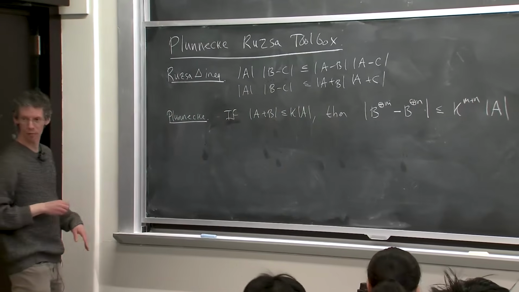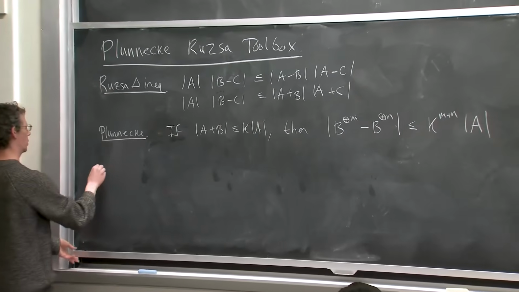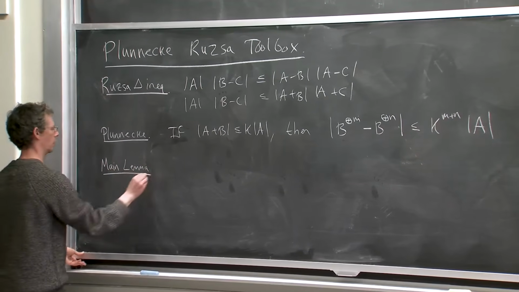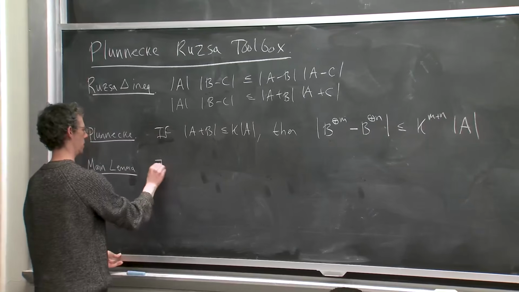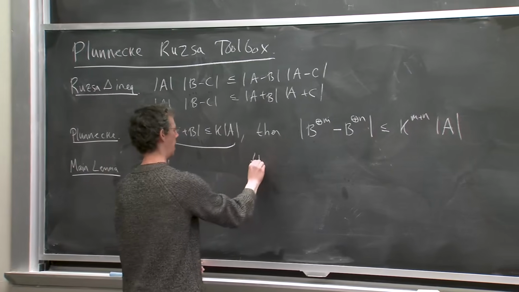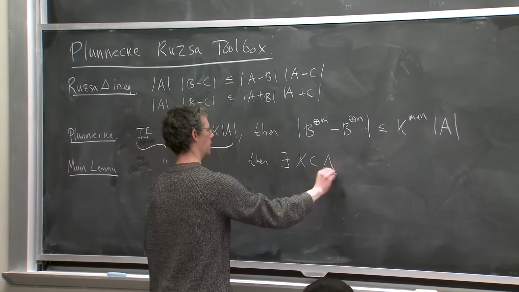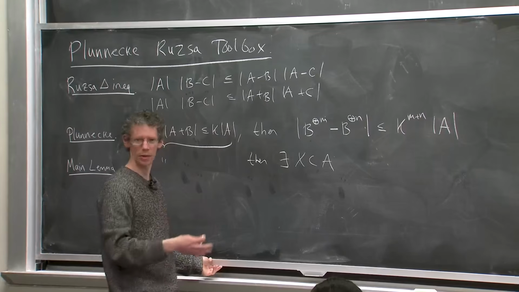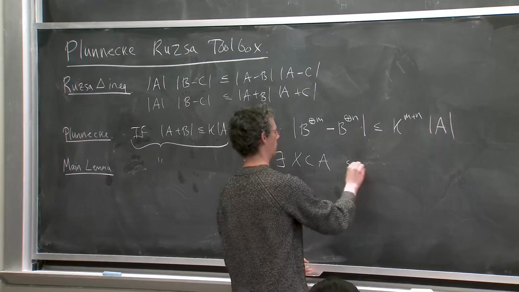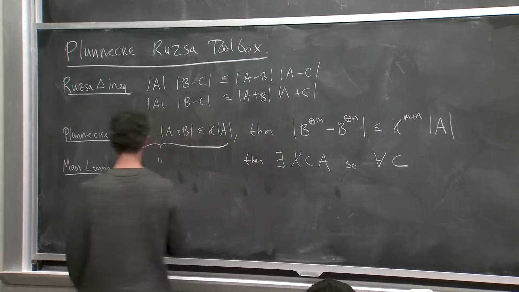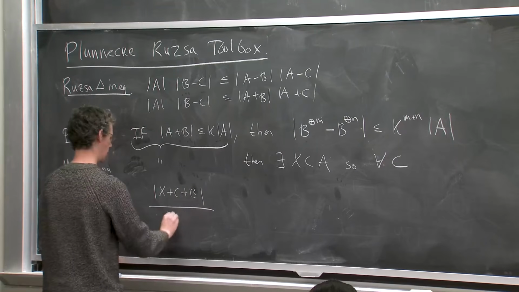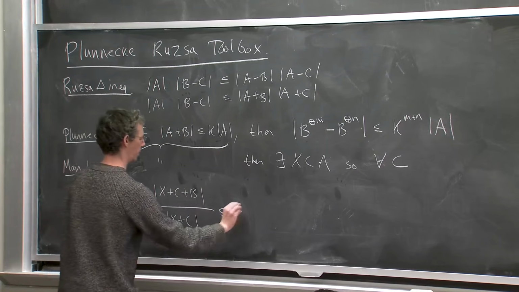And the main lemma inside the proof of Plünnecke's inequality is also useful. It says that if we have the same hypothesis, then there exists a subset X in A, which has the additive structure that causes this to happen, so that for any set C, |X plus C plus B| over |X plus C| is also at most k.